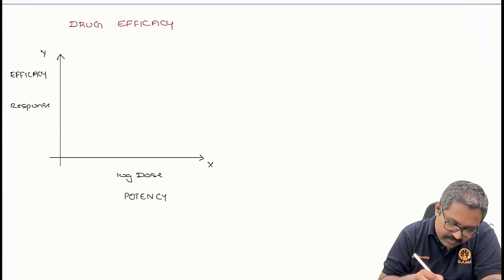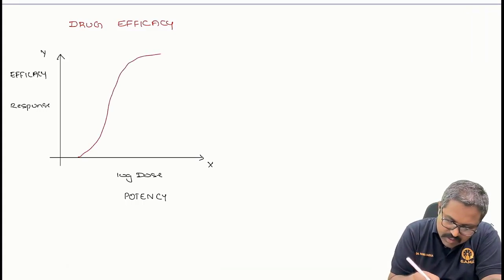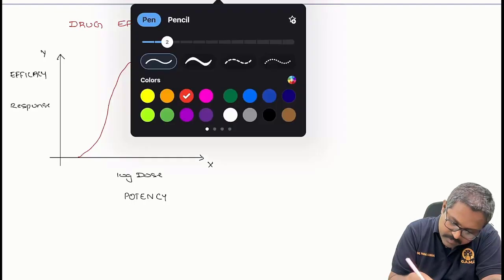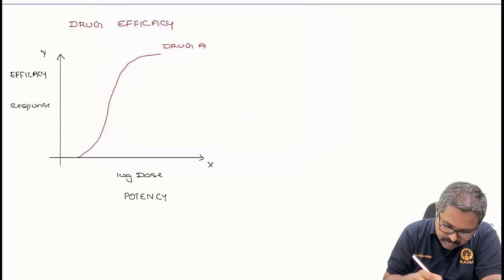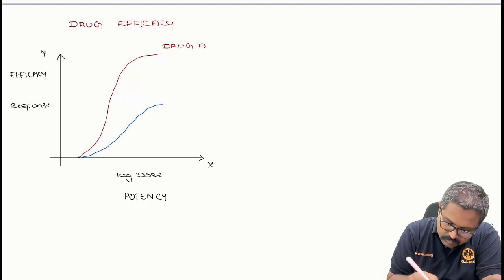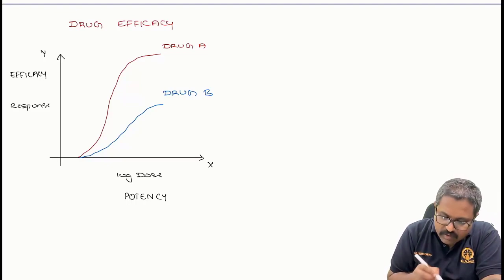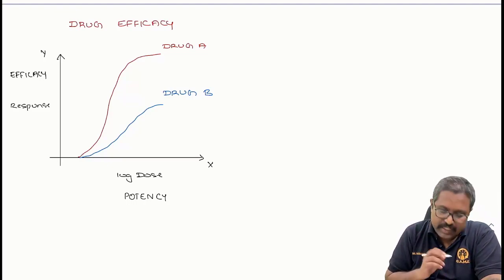So now let us plot the graph for drug A and drug B to understand the concept of drug efficacy. So see here, this is your drug A, and next is your drug B. What we said is that on the x-axis you determine the potency.